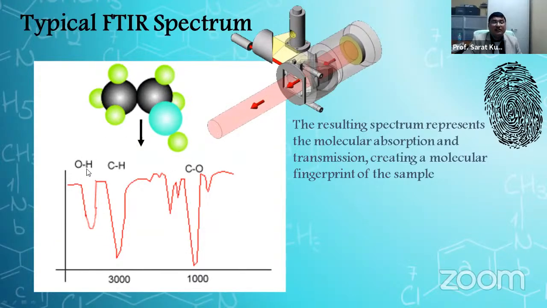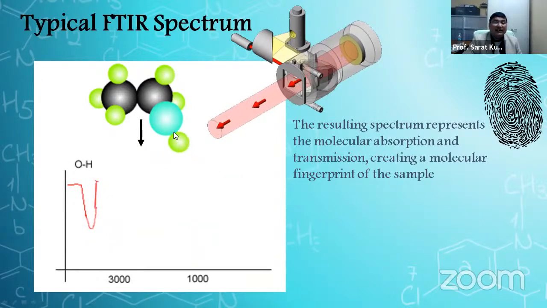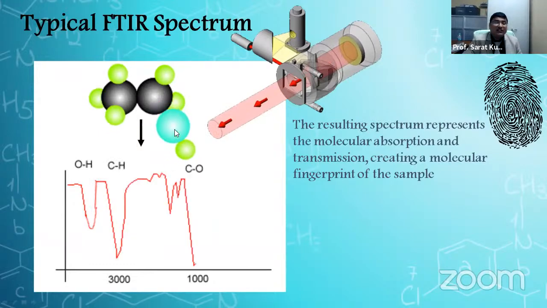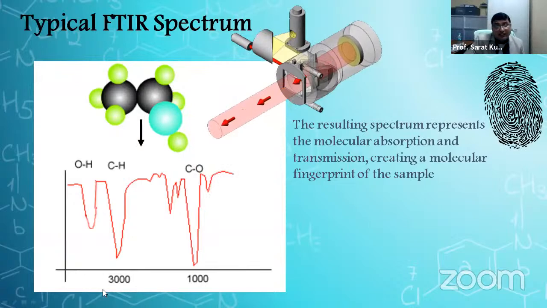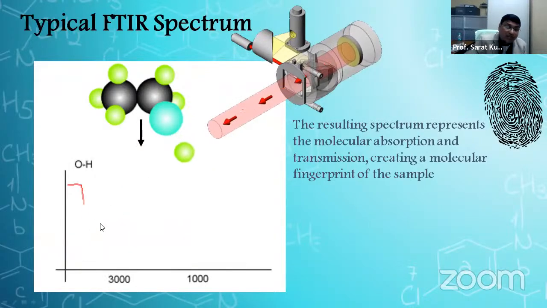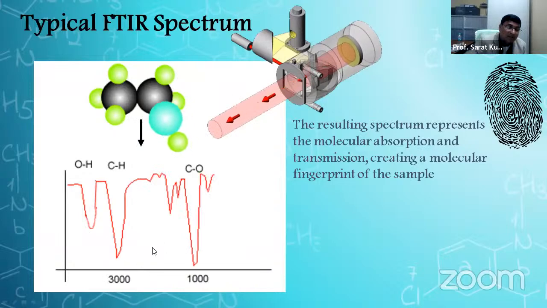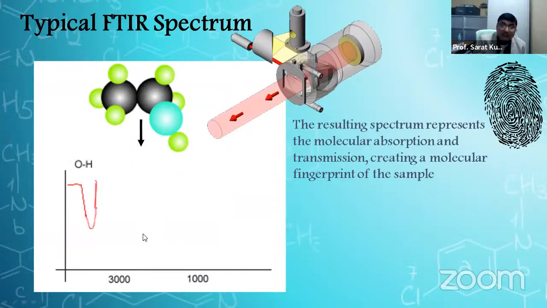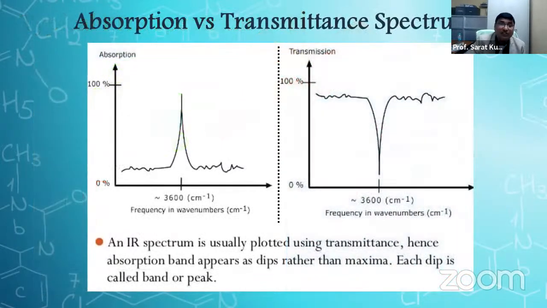This is alcohol, with the CH bond, the carbon-hydrogen bond, and here is the CO vibration. I'll show why these spectra are plotted this way or in the opposite way, but this is how the FTIR spectrum is given.